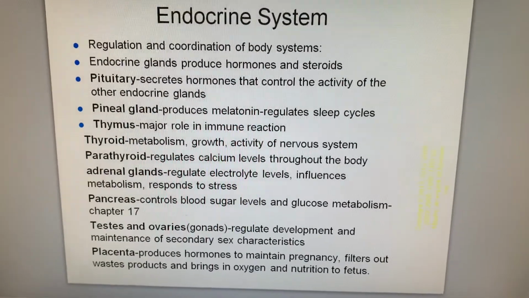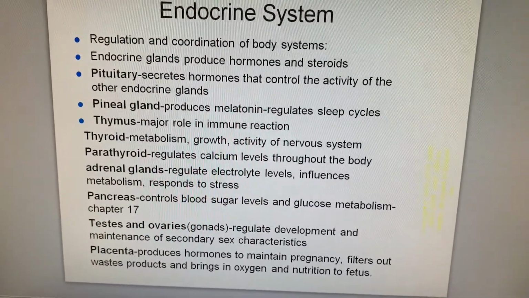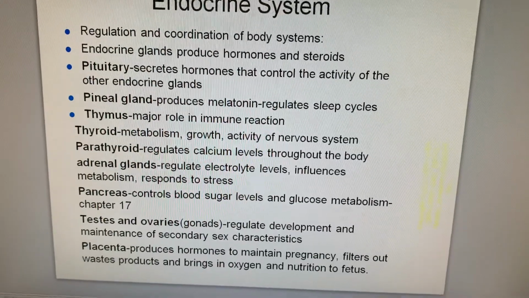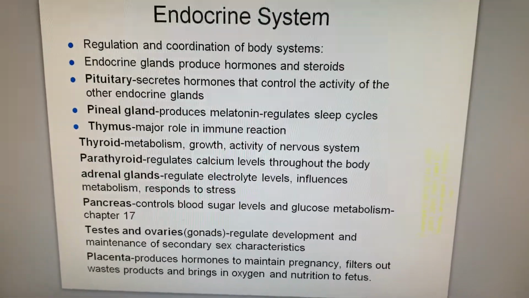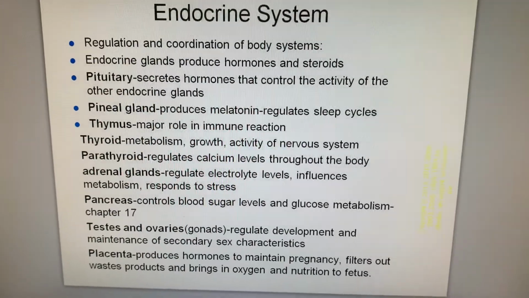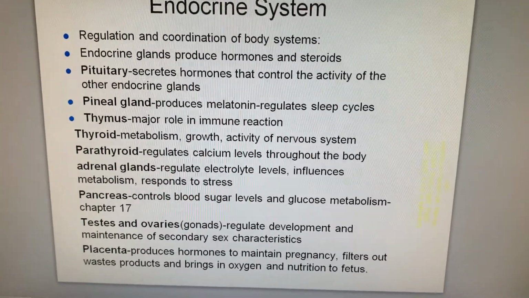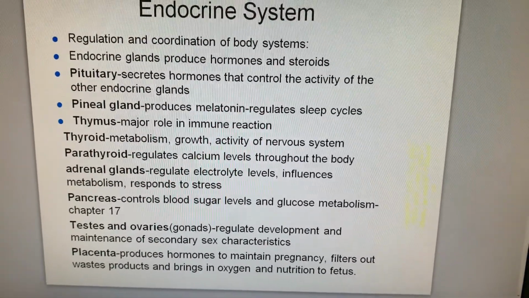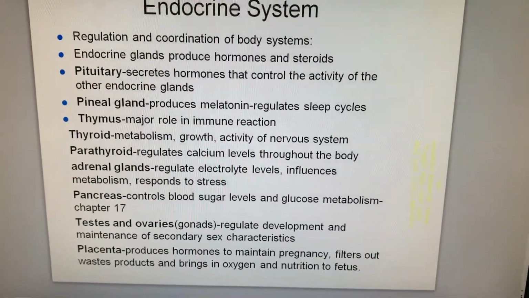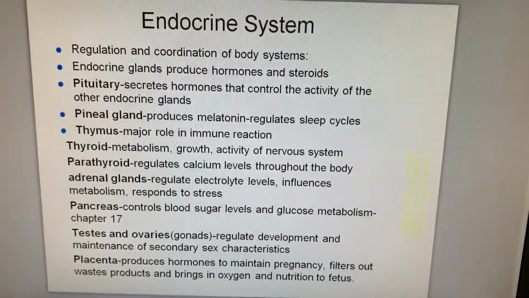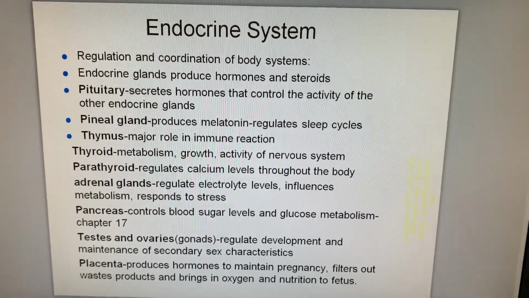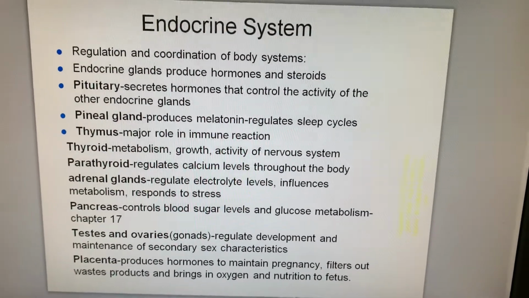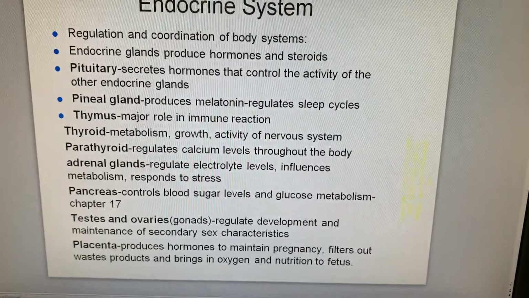The adrenal glands are very, very important as far as producing various hormones. They influence our metabolism, regulate our electrolytes, and help us react to stress. Our pancreas is hugely important when it comes to blood sugar levels and allowing us to have enough glucose, because as you remember, that's the nutrition that the brain needs to function.